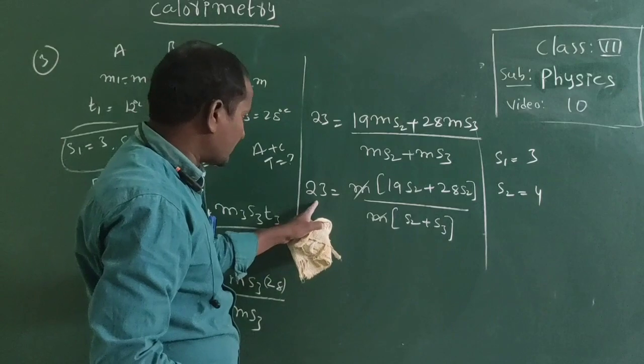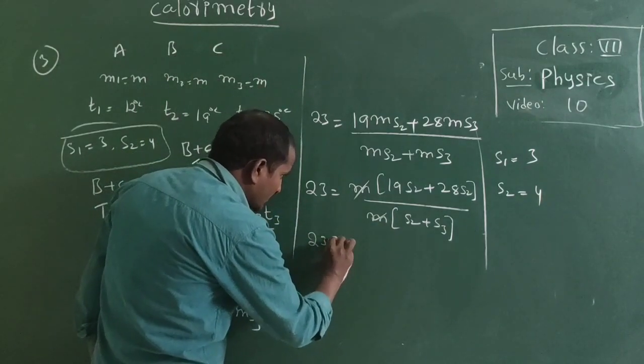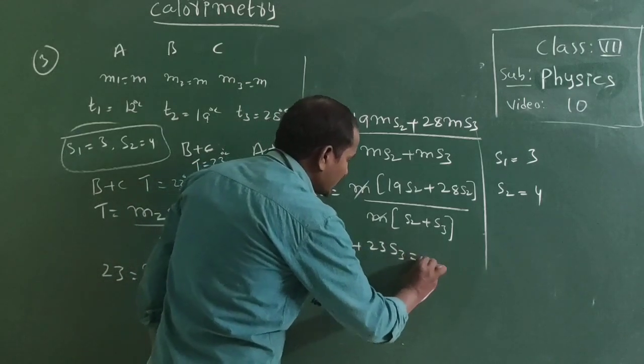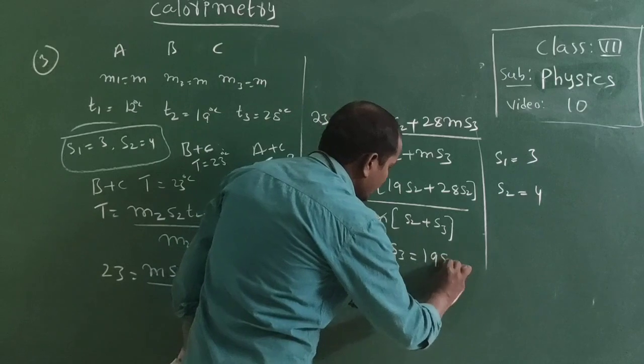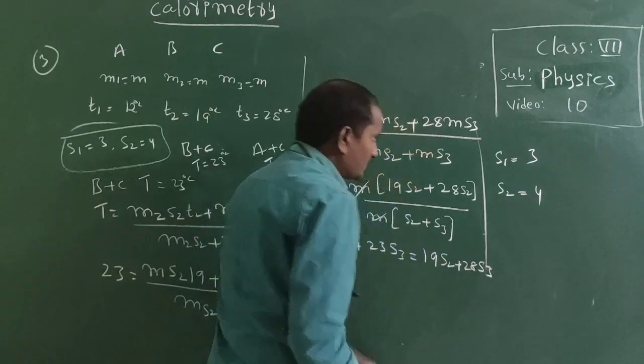Now cross multiplying, 23 S2 plus 23 S3 equal to 19 S2 plus 28 S3.